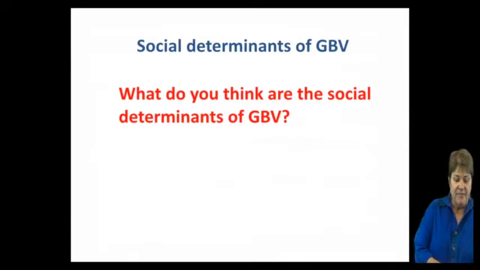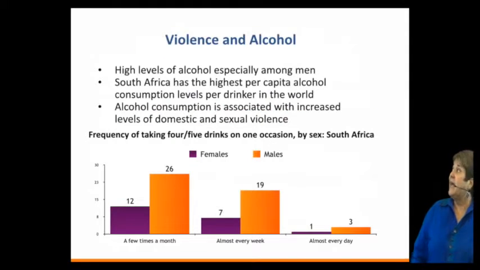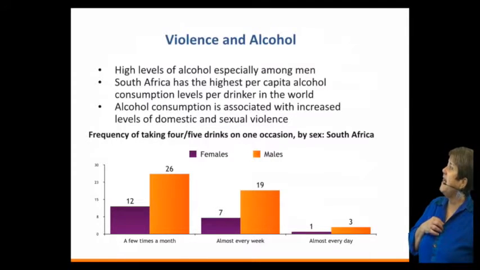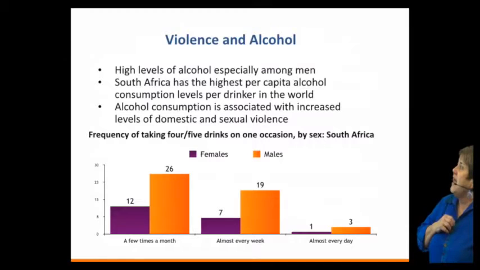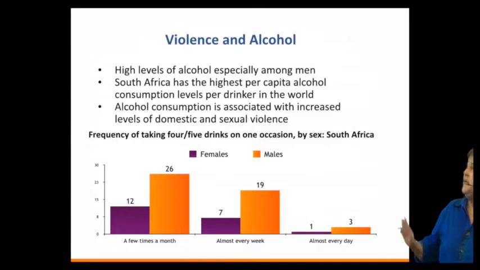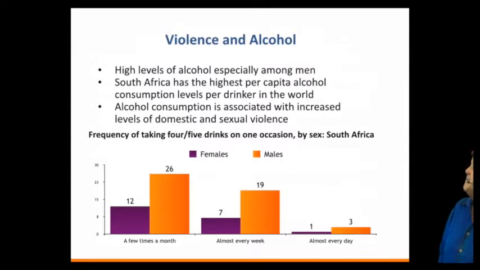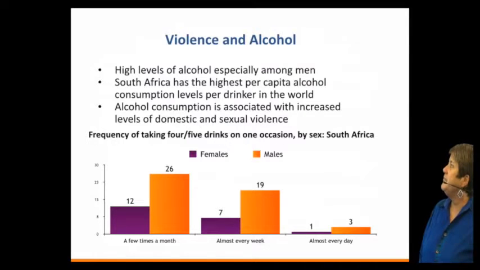And then another major determinant is alcohol. So this is again from South Africa. If we look at, for example, the frequency of taking 4 or 5 drinks on one occasion by sex, male or female, you'll see that it's high. It's particularly high amongst men, but it's also quite high amongst women. So this is percentages.